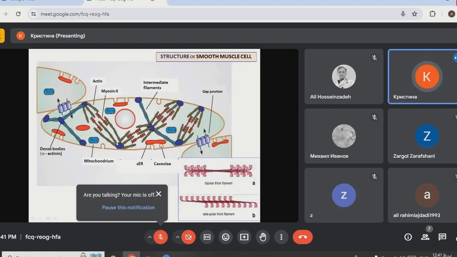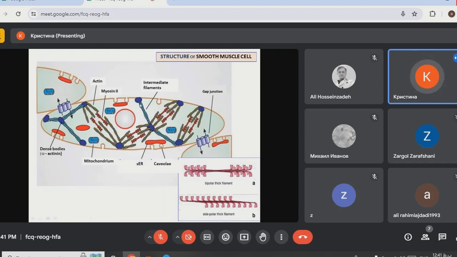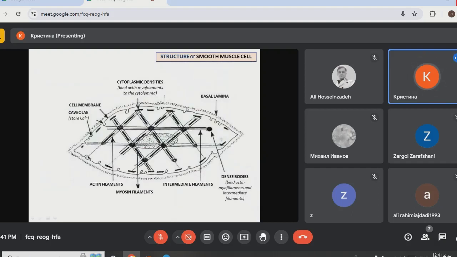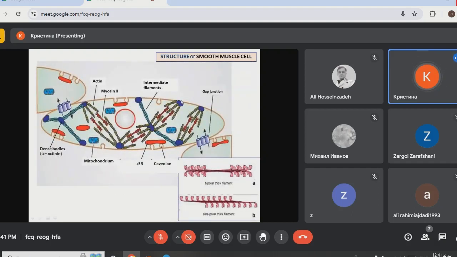They go in different directions, not forming myofibrils, and they are attached to the cell membrane with the help of the cytoplasmic densities, as you can see them here, and dense bodies inside the cell.